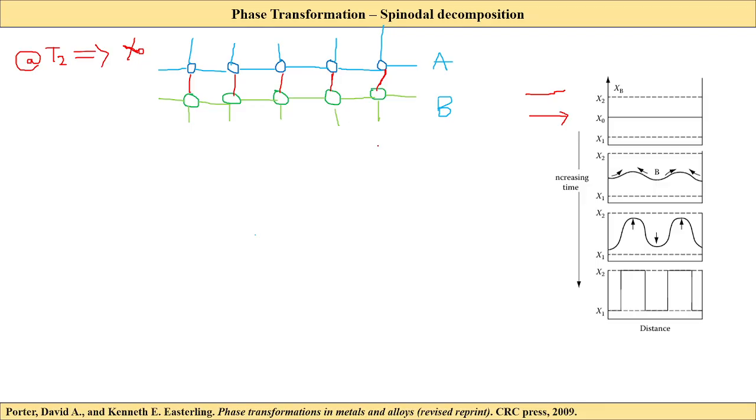That means the system tries to accommodate, or tries to have a coherent interface where the continuity is maintained. You can see there is a one-on-one relation between the atoms. This B type of atom is bonded with one A type of atom. That is what we call coherency.